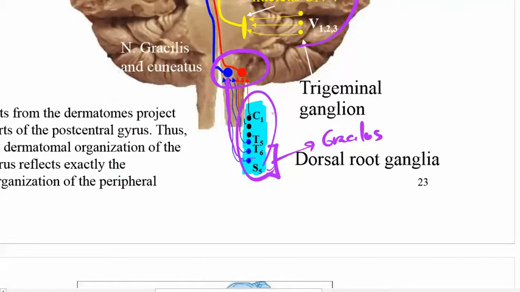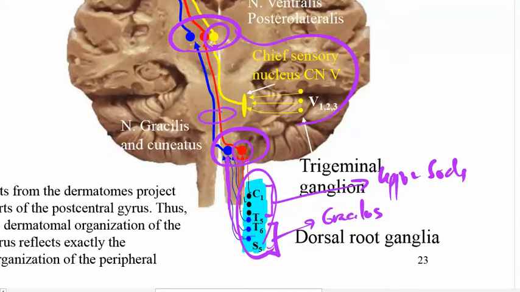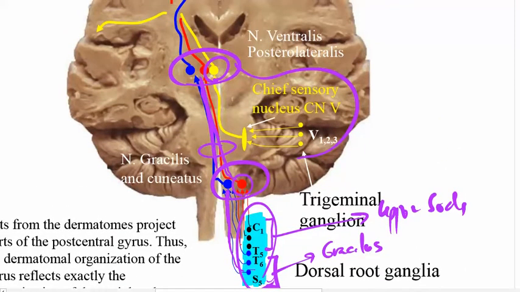Whereas from C1 to T5, it's going to be gathering information from your upper body, and that information is going to ascend and synapse onto your nucleus cuneatus. Then both of them are going to travel up to your thalamus and synapse in your thalamus.